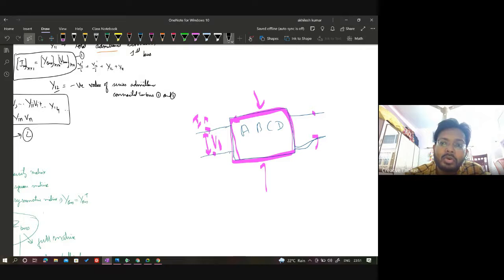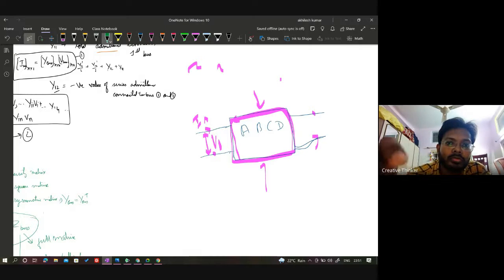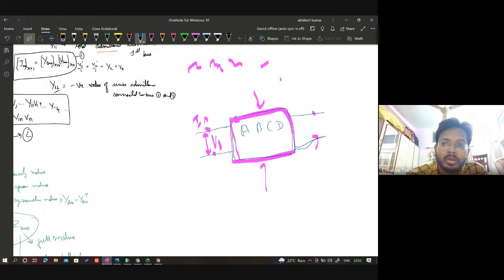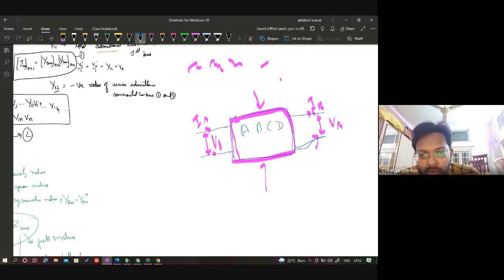Similarly, you know what is VR and what is IR. Depending upon the relationship between them, how VS, IS, VR, IR are related, we classify this network.